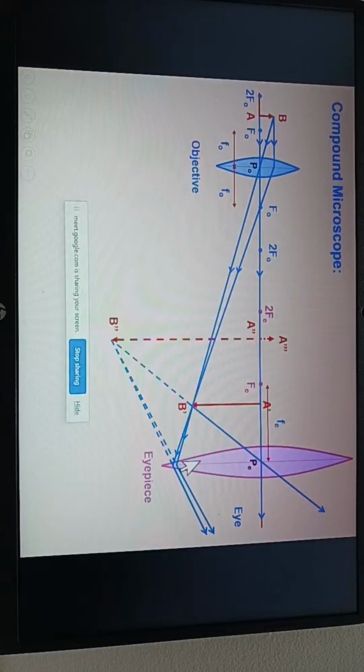So you will get how many images? First image is this, second image is this. First one is smaller image, second one is bigger image at distance of distinct vision. This is alpha and beta they are taken. Angular magnification.